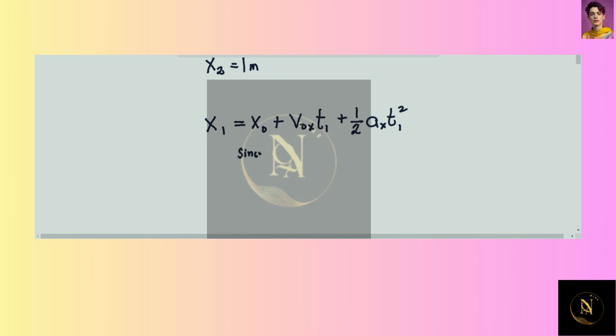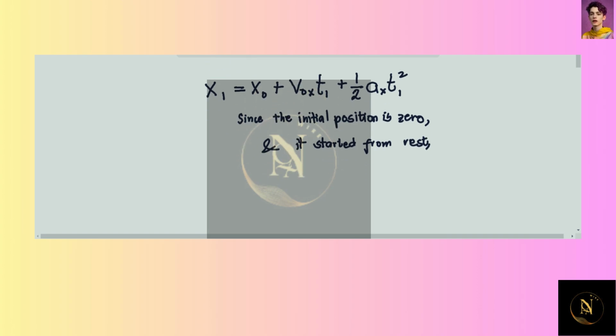Since the initial position of the body is 0, and it started from rest, then x sub naught is equal to 0 and v sub naught x is equal to 0.